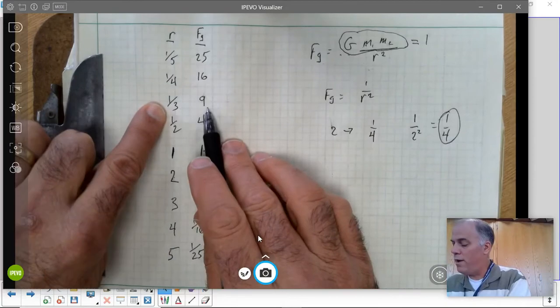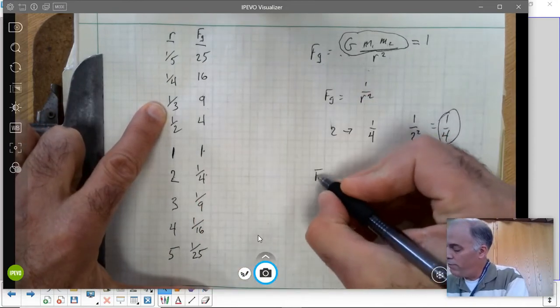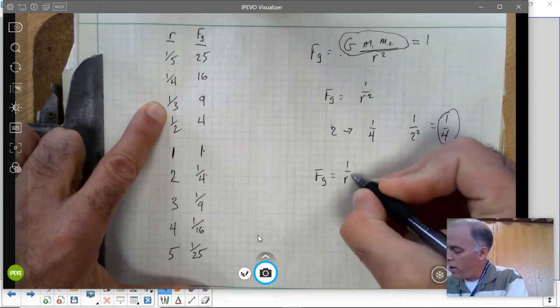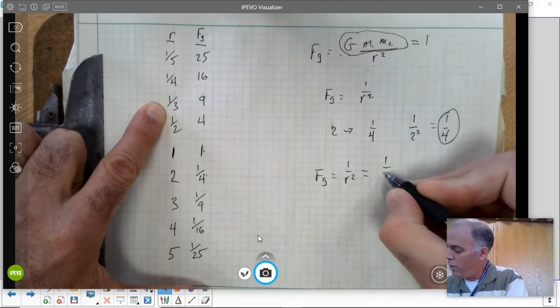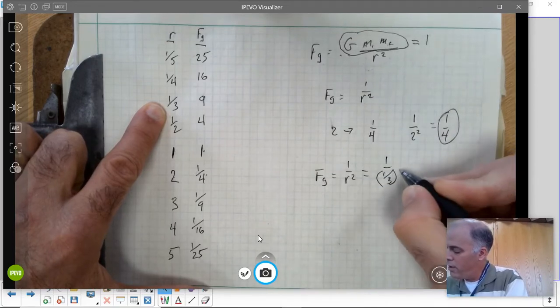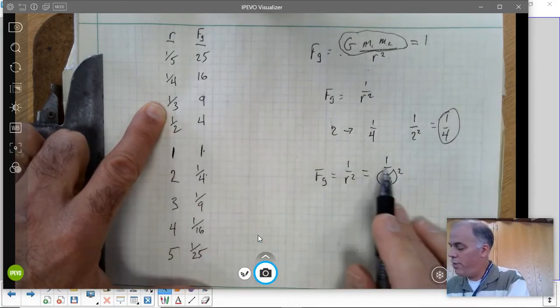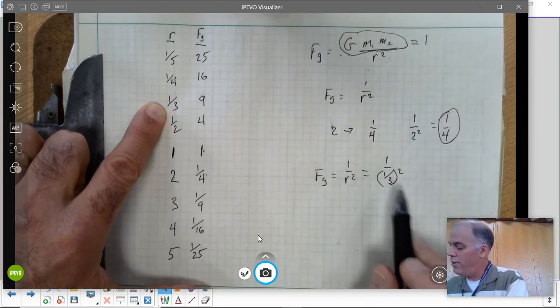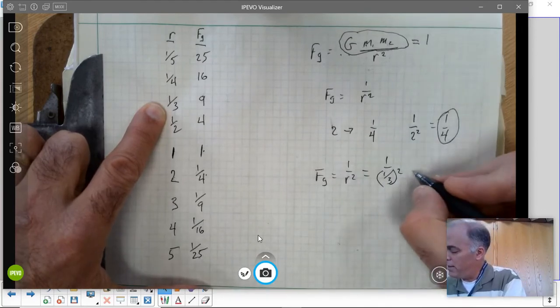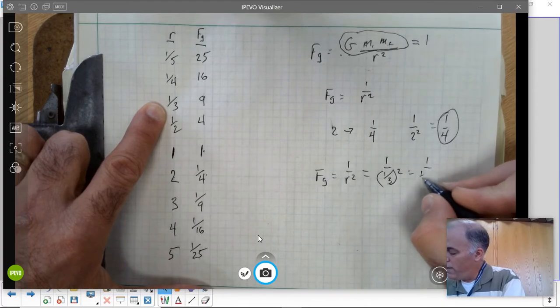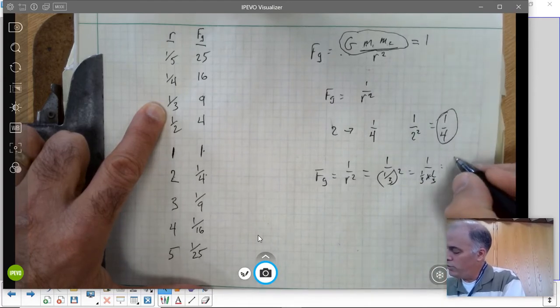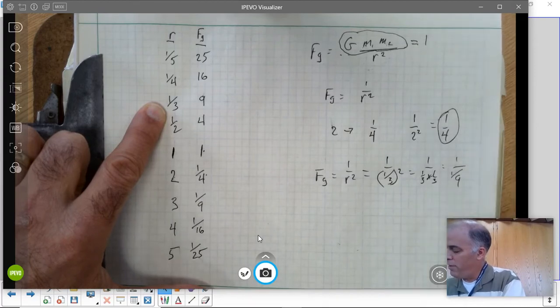So let's look at 1/3 the distance. The force of gravity is 1 over r squared. So that is 1 over 1/3 quantity squared. We have 1/3 the distance, so we're going to take 1/3 squared. So that is 1 over 1/3 times 1/3, which equals 1 divided by 1/9.